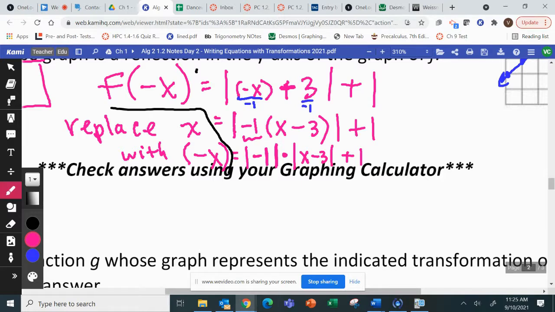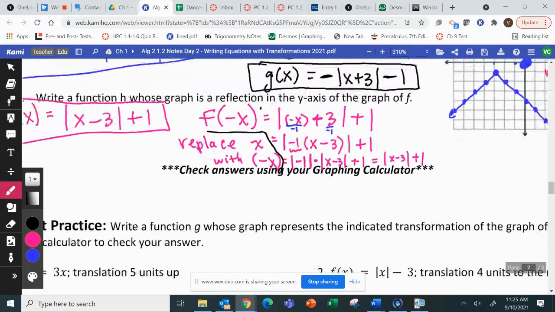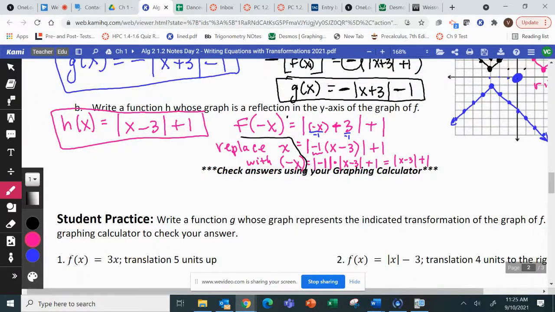And then can you guys tell me the answer to the absolute value of -1? 1. Okay, so that's really just 1. And then we have absolute value of x minus 3 plus 1, which is what I got originally when I just looked at the graph. So this way was harder for sure.